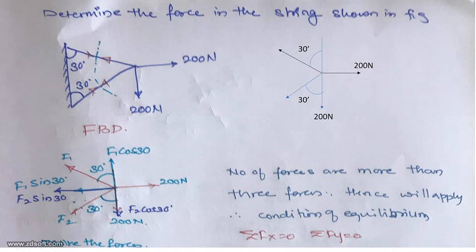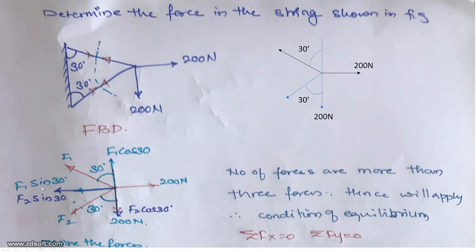For doing that, I have to resolve this force along the vertical component as well as the horizontal component. I'll consider this as the F1 force. If I resolve this force along the horizontal direction, it will become F1 sine 30, because the force is moving away from the angle.